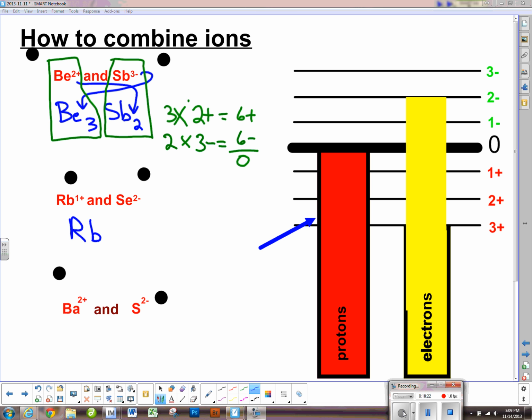Yes, Rb2 because of this guy, and Se because of this guy. But you do not write a 1. No, it's not an option. There's always going to be a little stinker. Steve. Bad dog. Okay. Anyway.